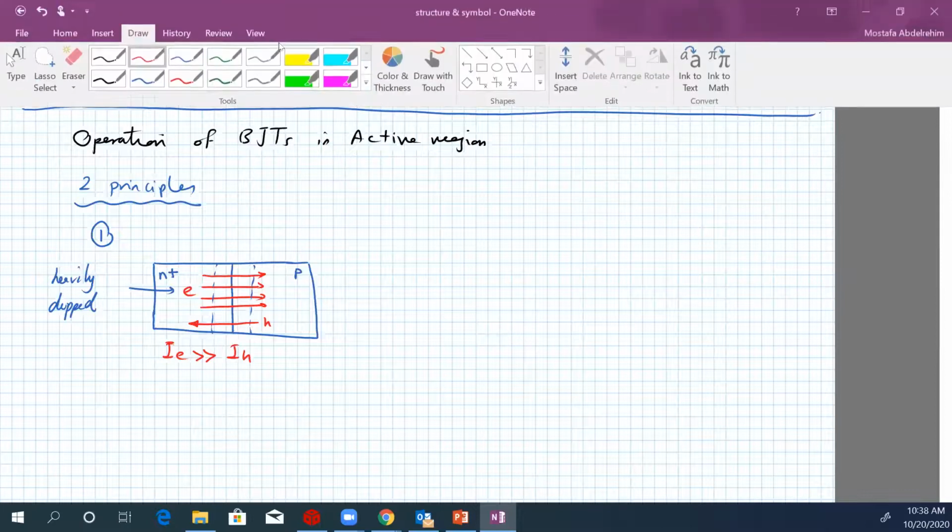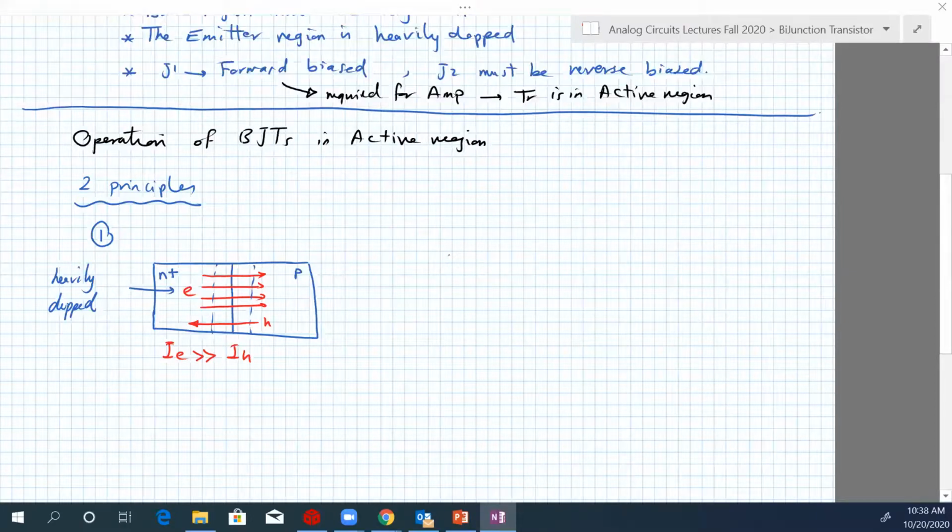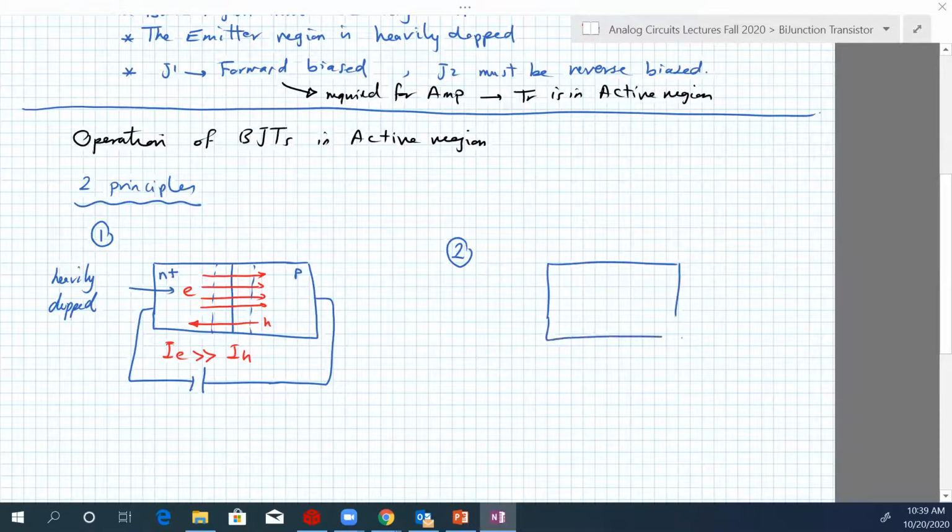The second principle we need before we go into transistors, and the condition here, of course, is forward bias. Again, if you have a PN junction, but now connected in reverse, and it's a normal one, I mean there are no heavily doped regions, not like this one.